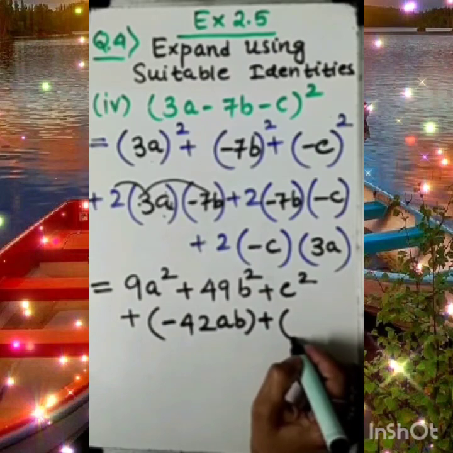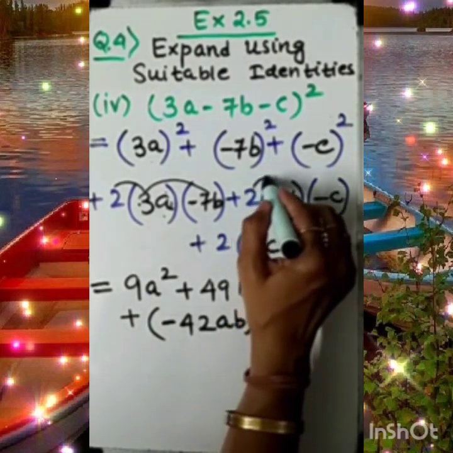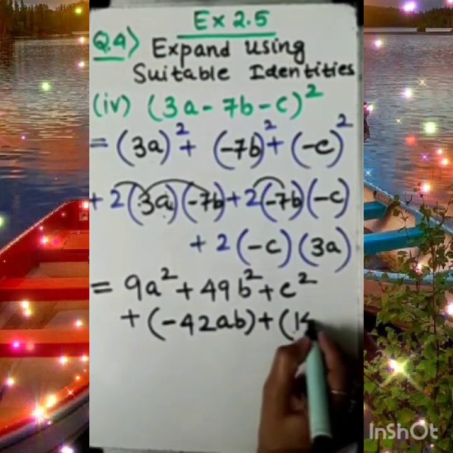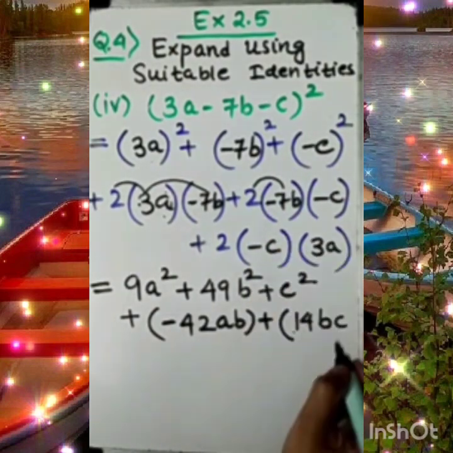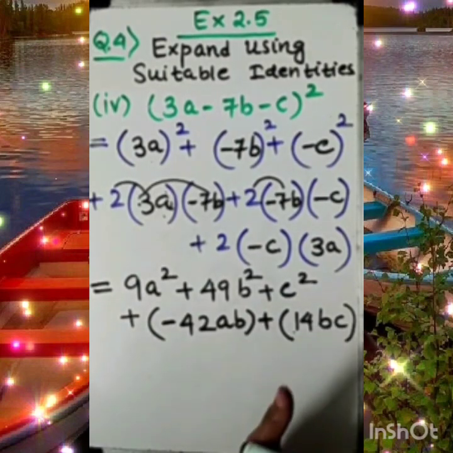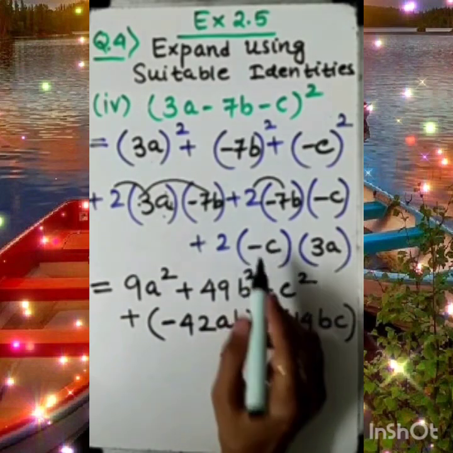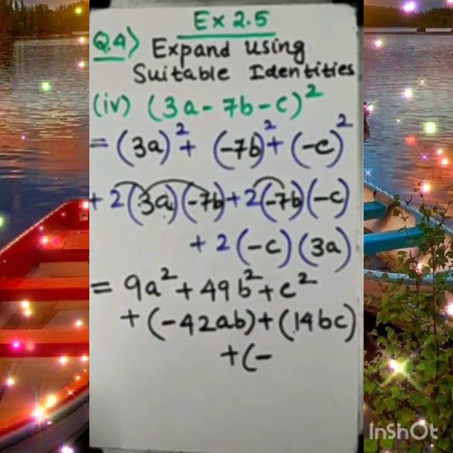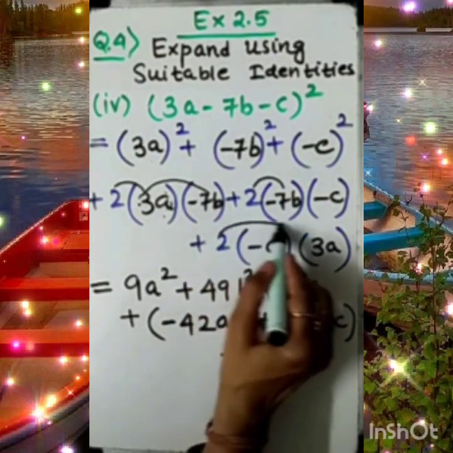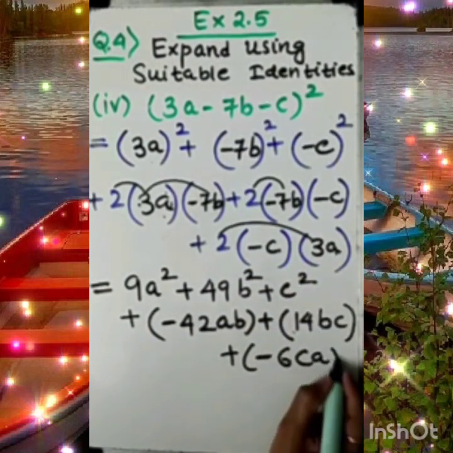Please remember, minus will become plus, and let's multiply 2 7s are 14 along with b into c, that is bc. It is positive, so no need to mention it in a bracket. Plus, here one of the terms is negative, so the answer will be negative. So let's multiply 2 3s are 6, c into a is ca.